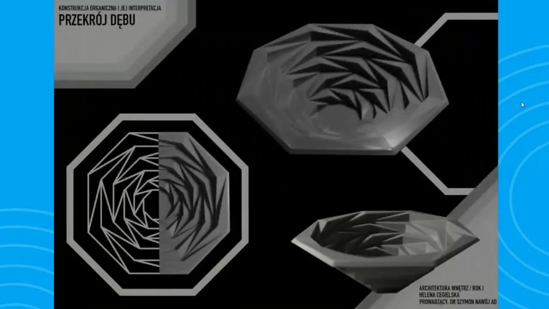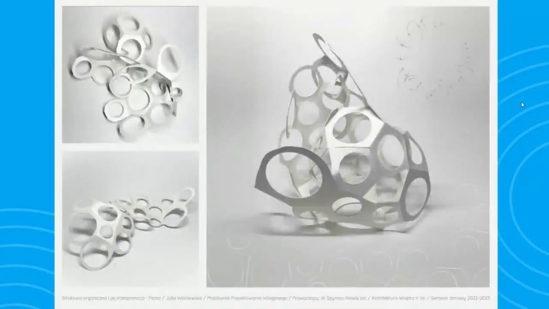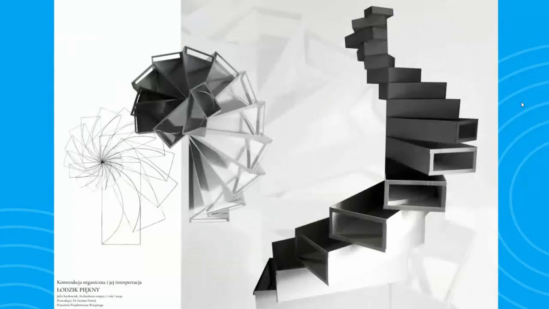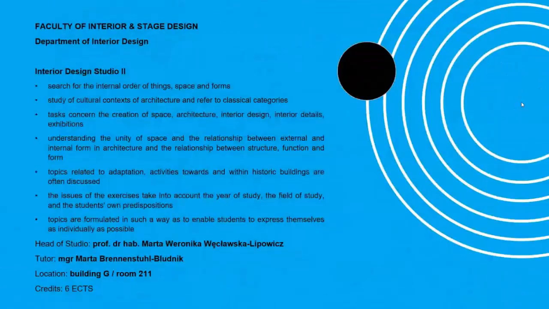Here's another one. Here the base was nature. So you can see that it is a little bit into architecture, into interiors, but the base is how to think about the project, how to start the whole process.